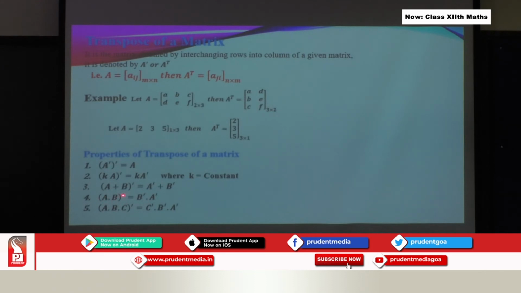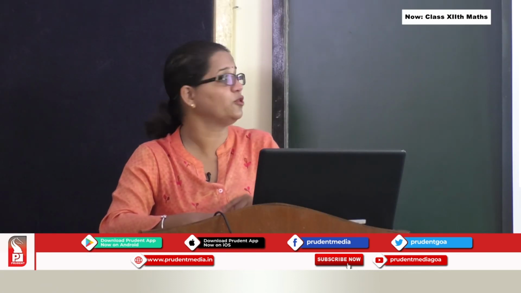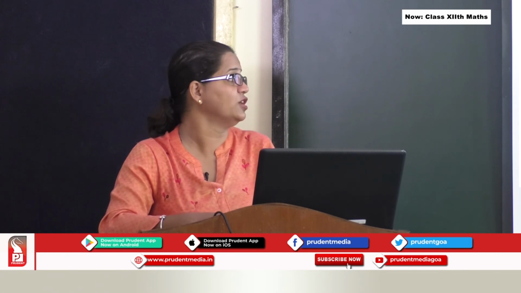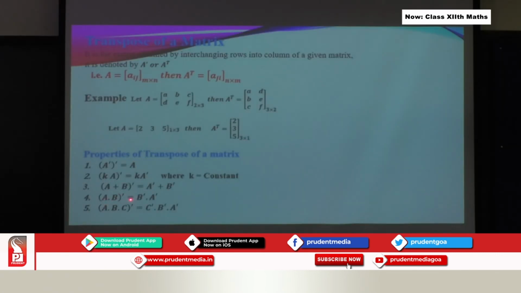A into B the whole dash, A into B the whole transpose, when I find it, whatever output I get will be equal to B transpose into A transpose. Not A transpose into B transpose. It is what? B transpose into A transpose. So A into B the whole transpose is equal to B transpose into A transpose.